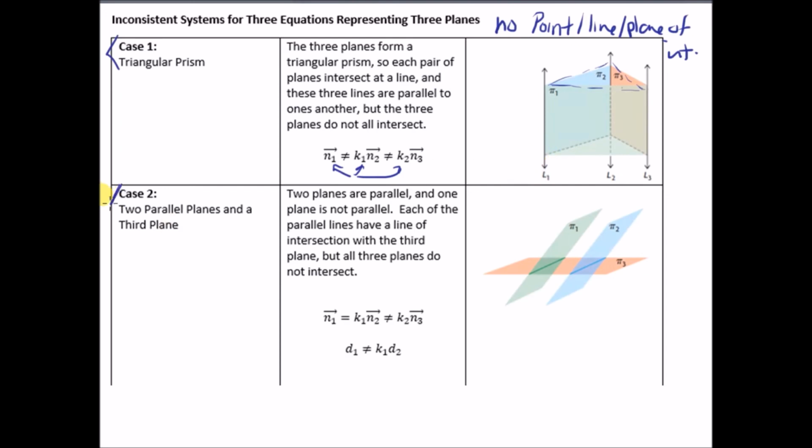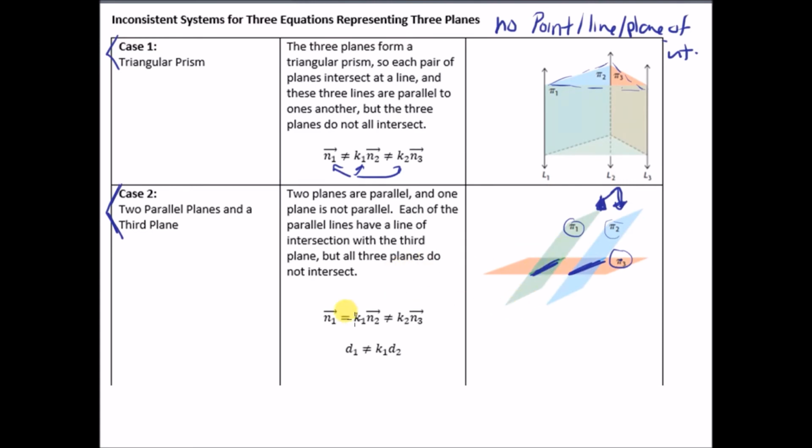Okay, case two, we kind of talked about this briefly. If two planes are parallel to one another, then immediately we have no point, line, or plane of intersection. So plane 1 and 2 are parallel, and plane 3 cuts. If you take a look here, plane 1 and 3 have a line of intersection, plane 2 and 3 have a line of intersection, but planes 1, 2, and 3 do not intersect.